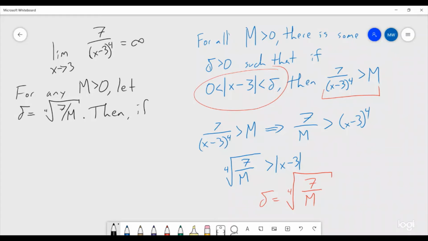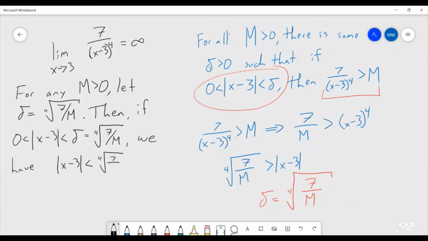Then, if 0 is less than the absolute value of x minus 3 is less than delta, being the fourth root of 7 over M, we have the absolute value of x minus 3 is less than the fourth root of 7 over M, which implies that (x minus 3) to the fourth is less than 7 over M, which tells us that M is less than 7 over (x minus 3) to the fourth.